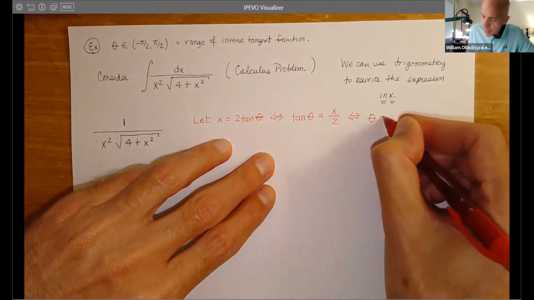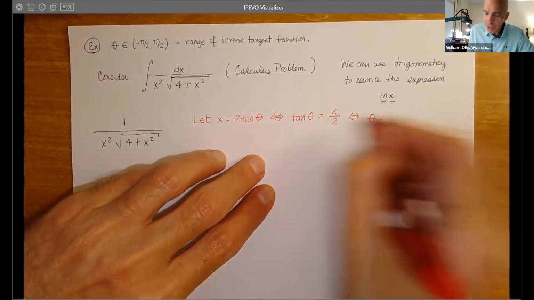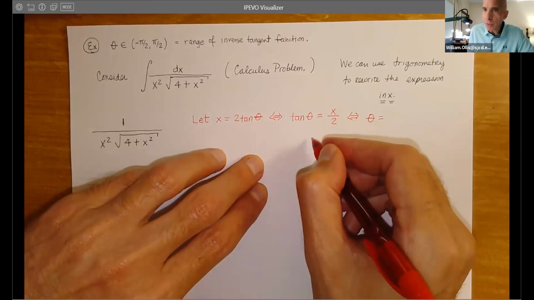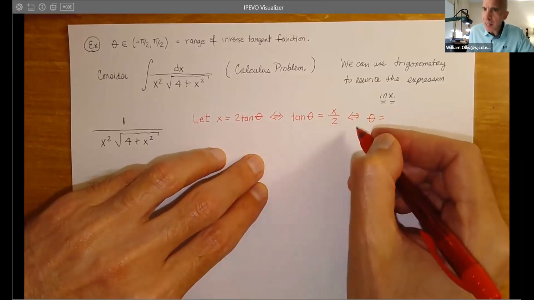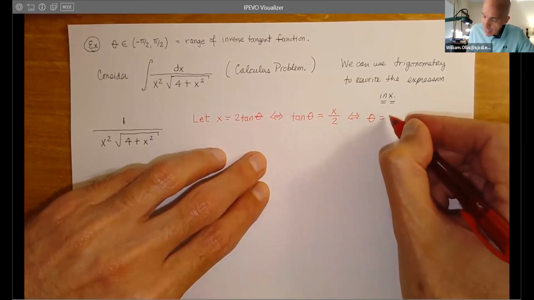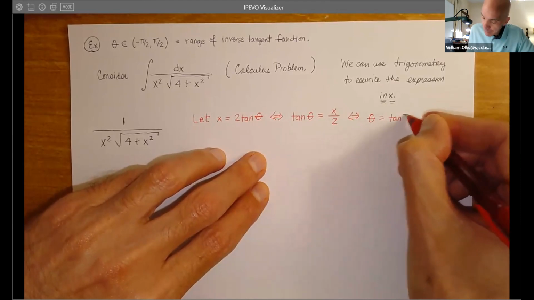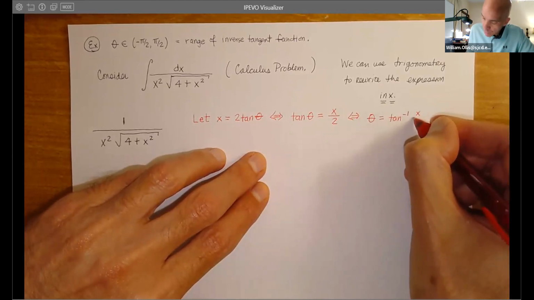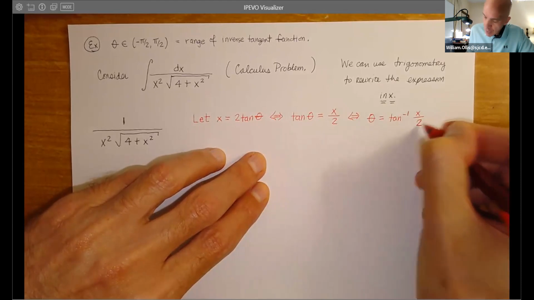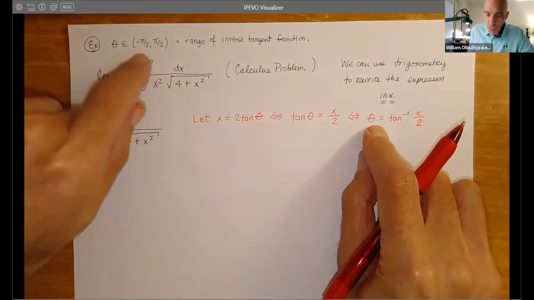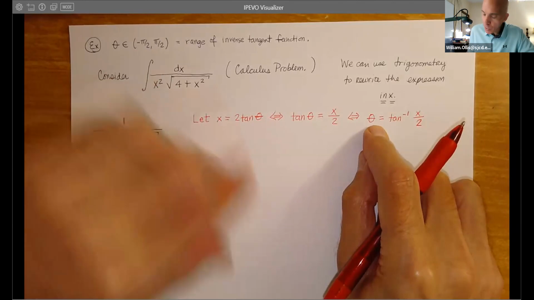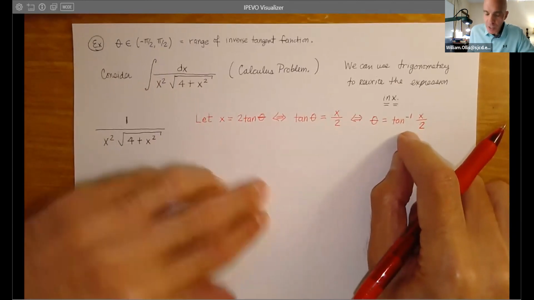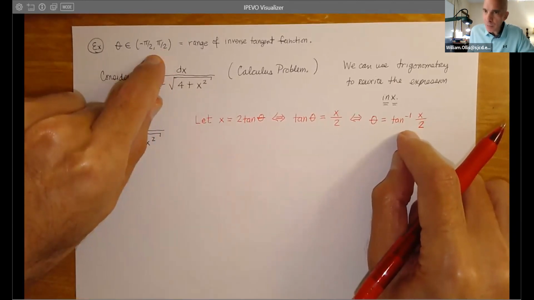We've done all of this in our homework. I'm not doing anything I haven't already taught you. This is easy. You know how to do this. This is inverse tangent of x over 2. So of course, theta will have to live between negative pi over 2 and pi over 2 based upon the inverse trig. So that's kind of where I started here.